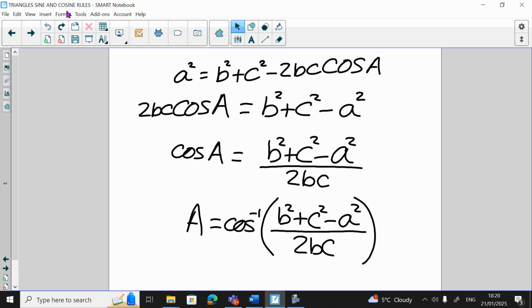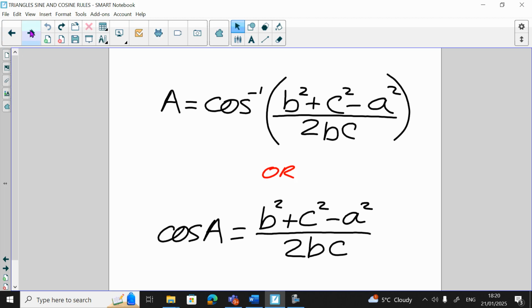So basically, I've taken the first rule, which lets you know an unknown side, to this one, which lets you calculate an unknown angle. I'm just showing you the two versions.